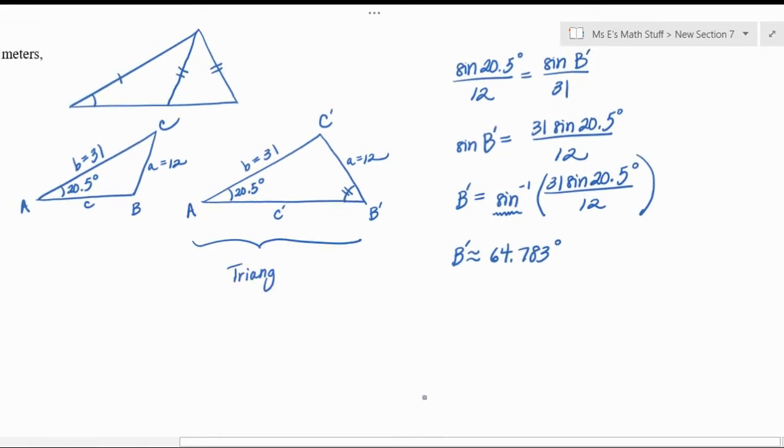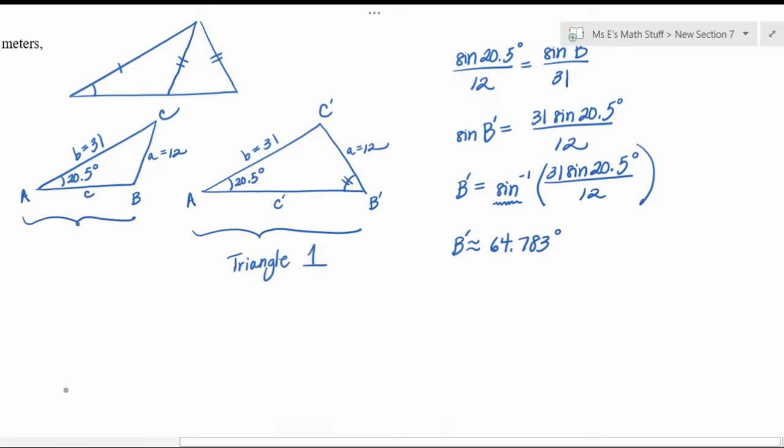So we shall call the acute one triangle 1, and we shall call the obtuse one triangle 2. There we go. And we just found that this angle right there is approximately 64.783 degrees.